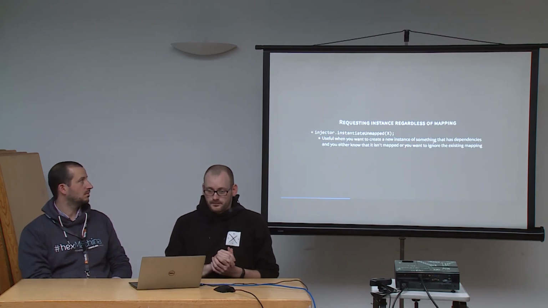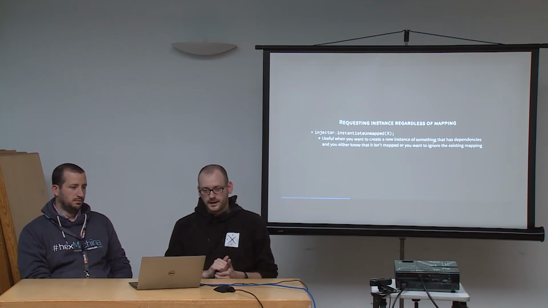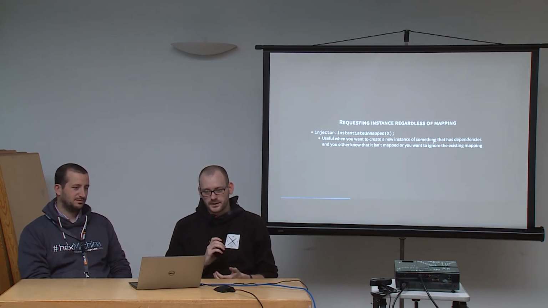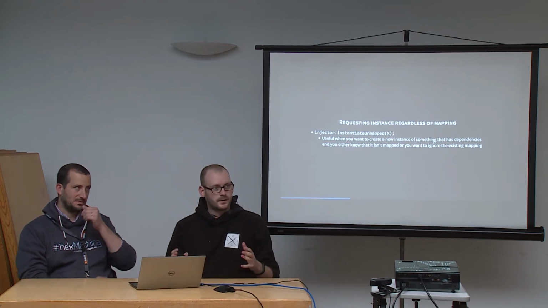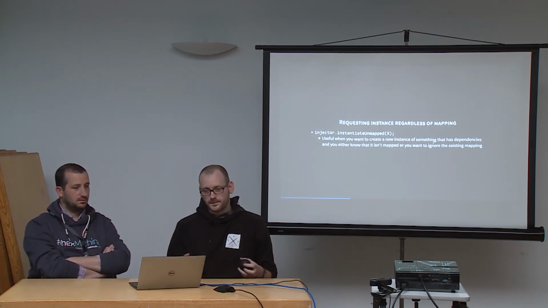There is a handy method that you can use if you just want an instance, regardless of mapping, which is called instantiate unmapped. Basically, if there is a missing mapping, it just gives you an instance anyway. It just builds one, always.